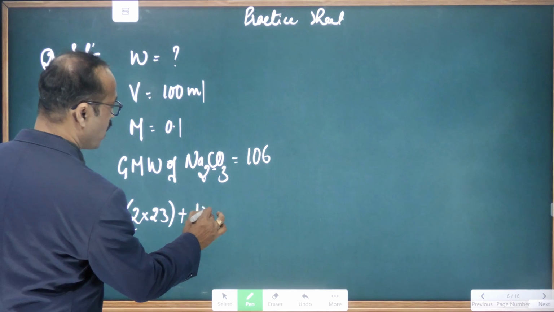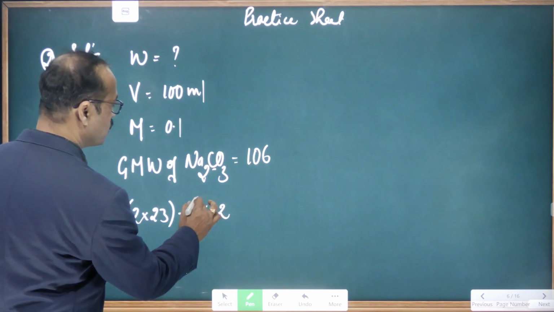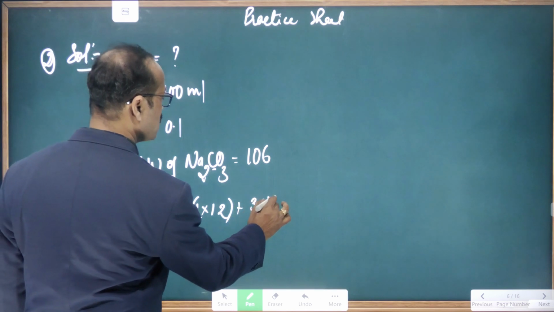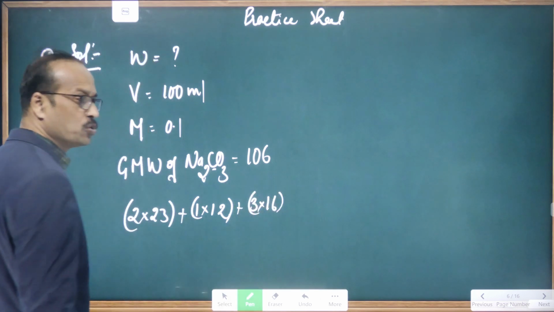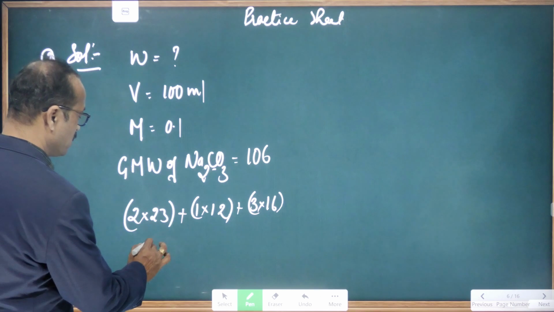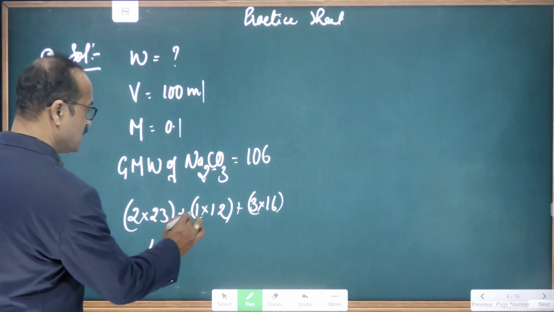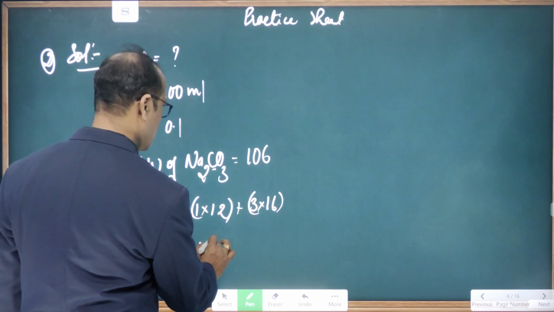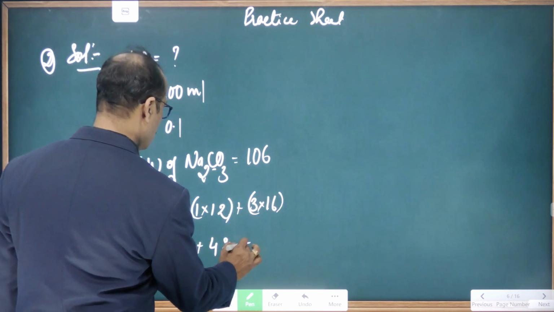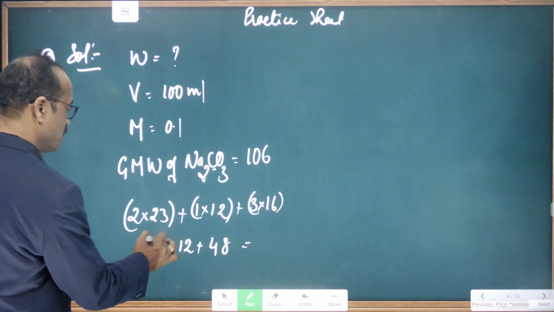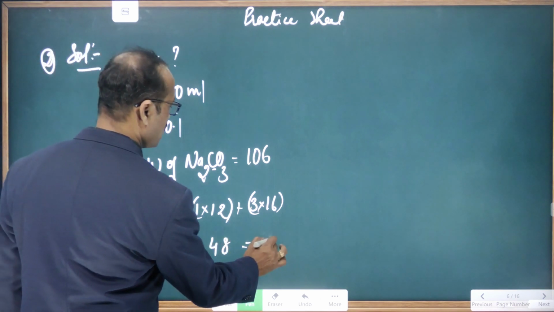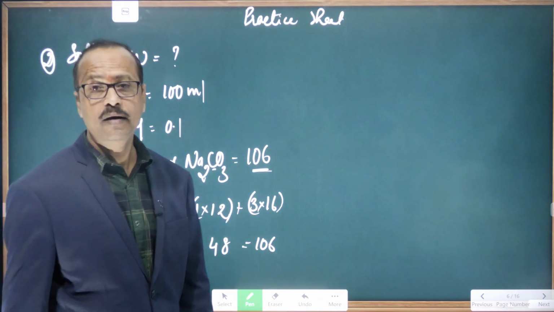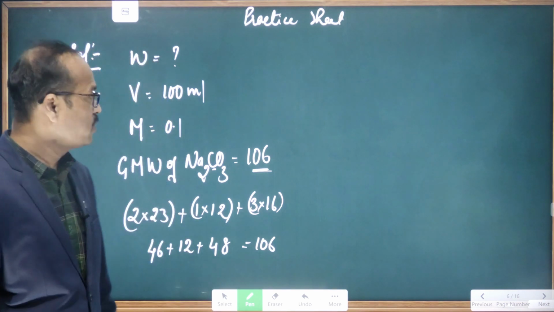Only one carbon. What's the atomic weight of carbon? 12. Plus 3 oxygens, each oxygen atomic mass is 16, right? Now 2 into 23 becomes 46, plus 1 into 12 is 12, plus 3 into 16 is 48. So 48 plus 12 is 60, 60 plus 46 is equal to 106, right? This is the method of calculating the gram molecular mass.